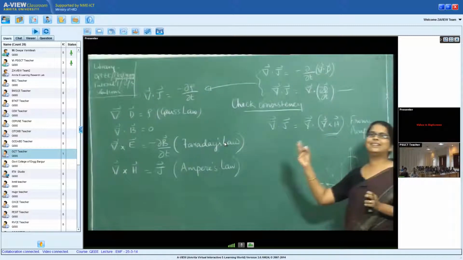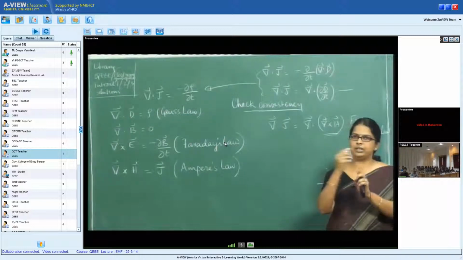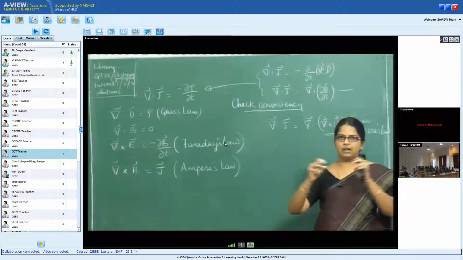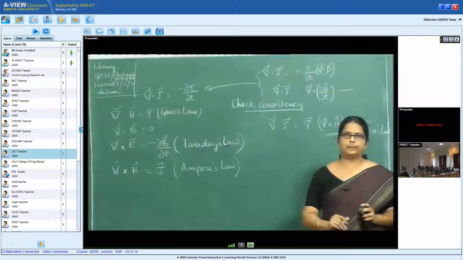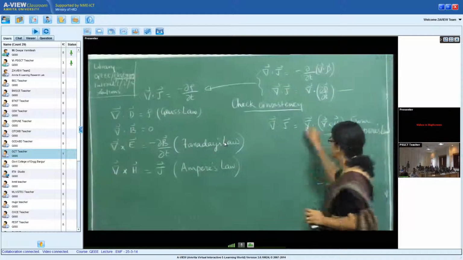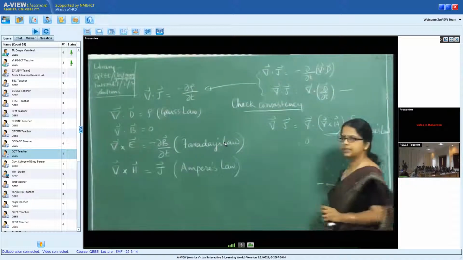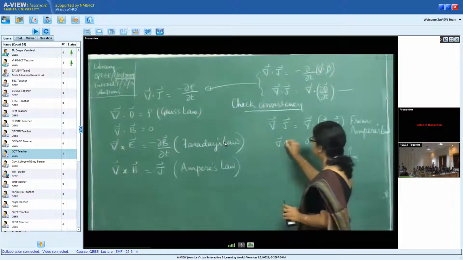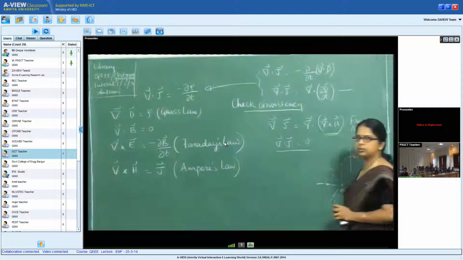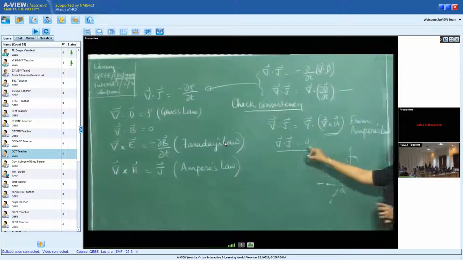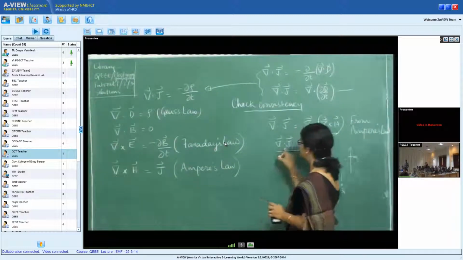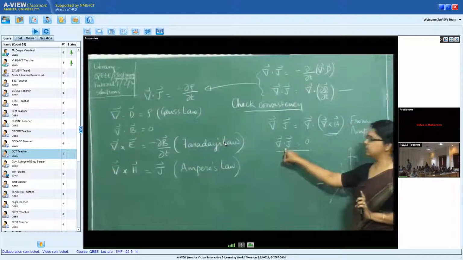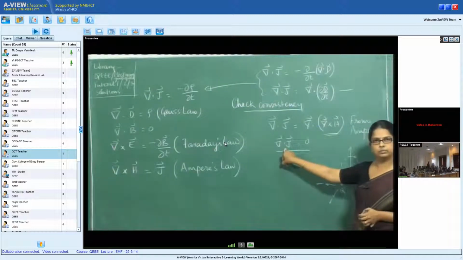If I intuitively understand curl is rotation, divergence is spreading, a rotating vector cannot spread out, which means the right side is 0. So Ampere's law is telling me that the divergence of J, divergence of current, is 0.